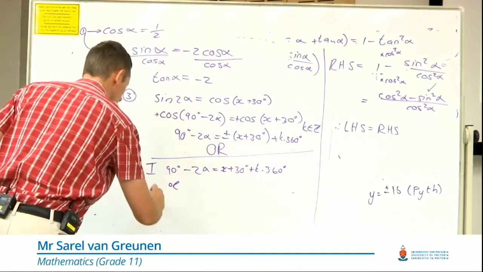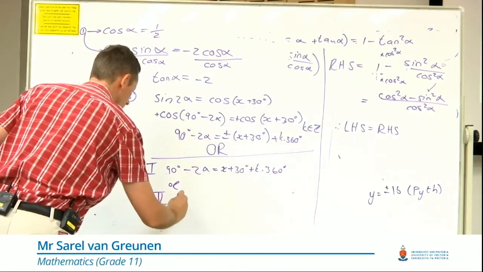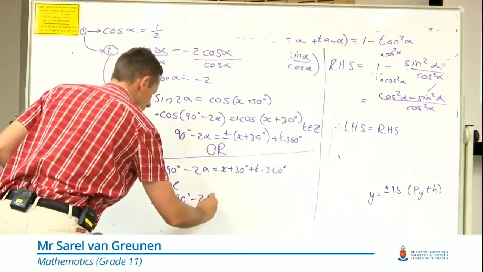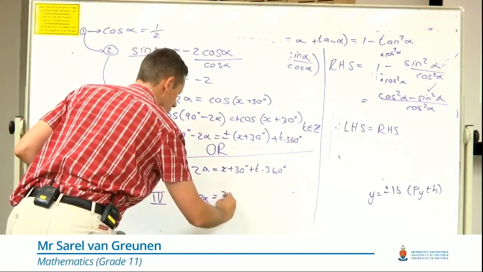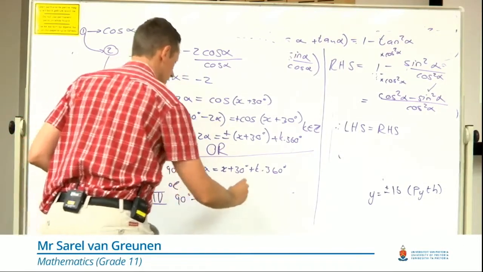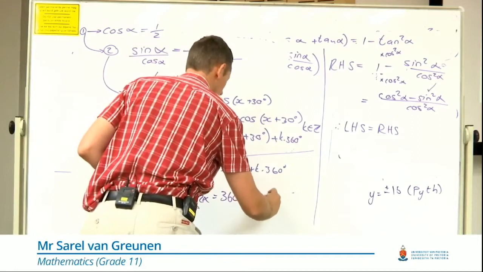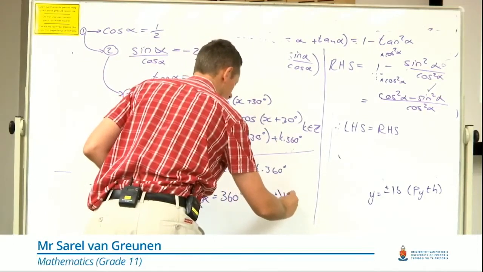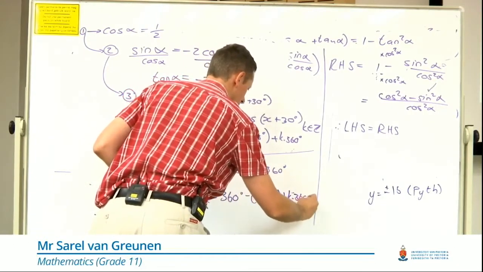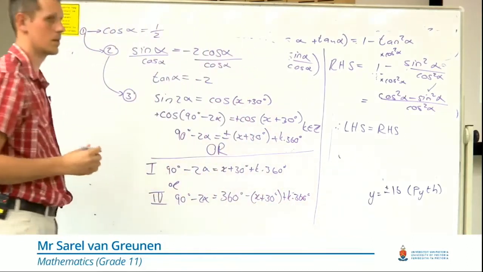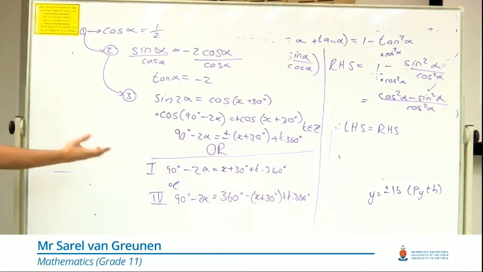Or in the fourth quadrant, I've got 90 minus 2 alpha equal to 360 degrees minus (x plus 30) plus k times 360. Because you're working in the fourth quadrant.